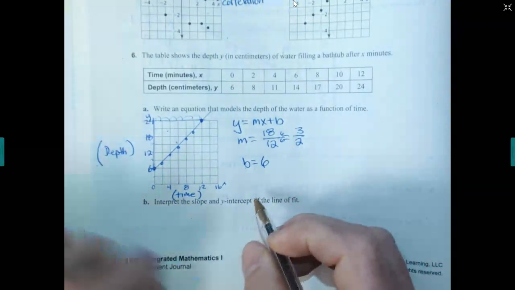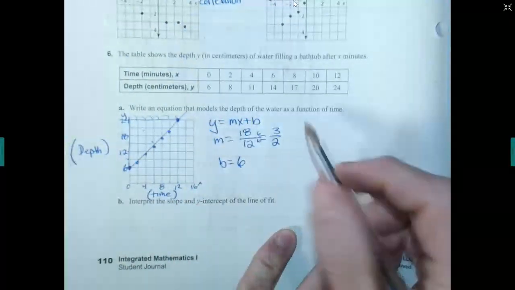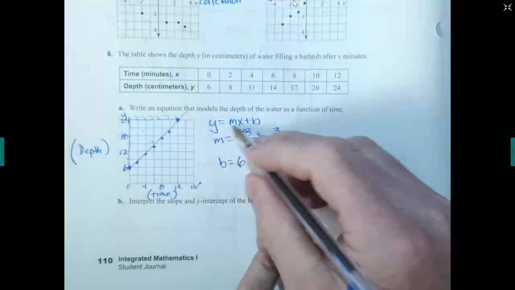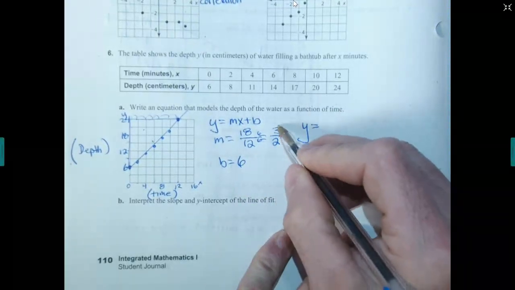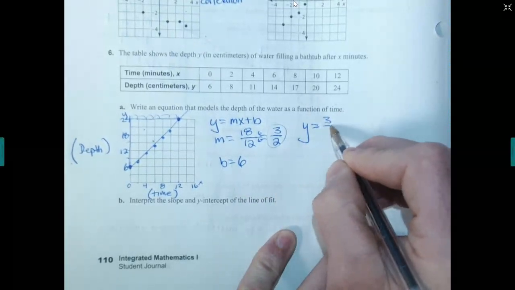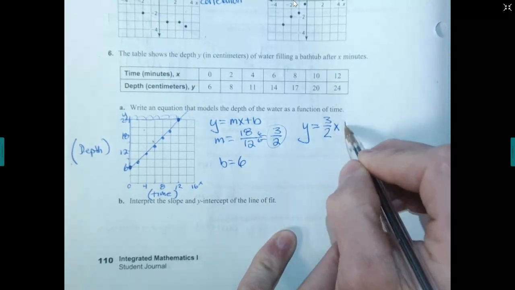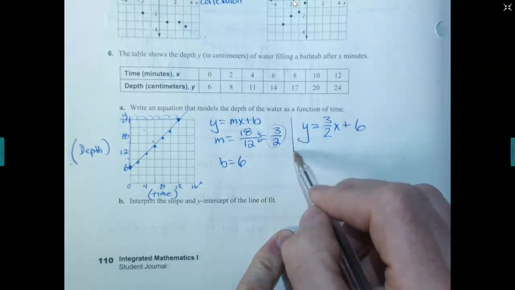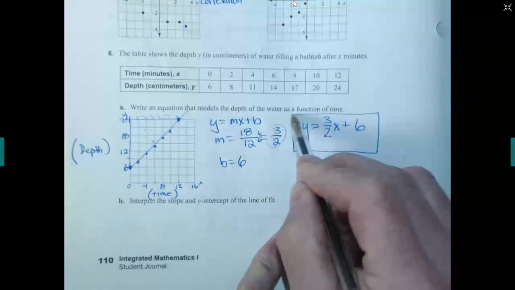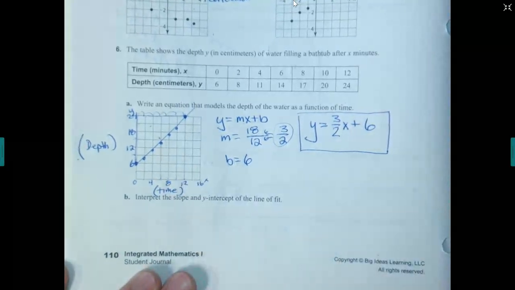So my slope is 3 over 2. So it's a positive slope, 3 over 2, that makes sense. So I have y equals mx plus b. So I have y equals my slope times x plus my y-intercept. There's my linear equation from the scatter plot.